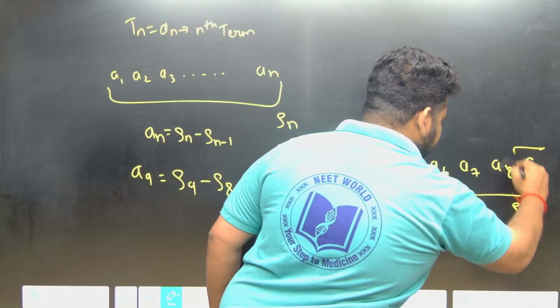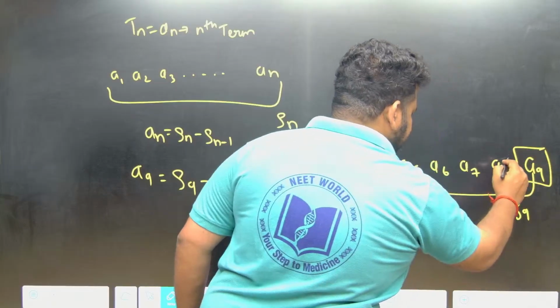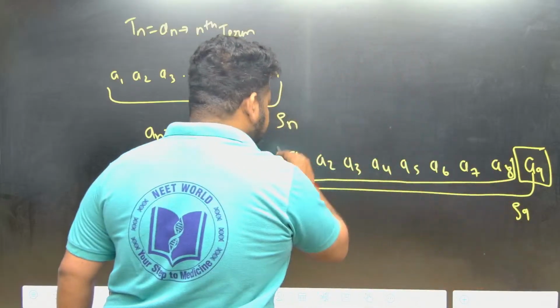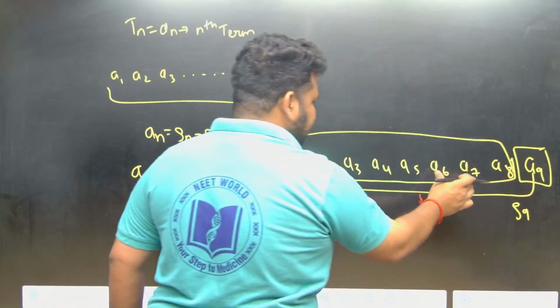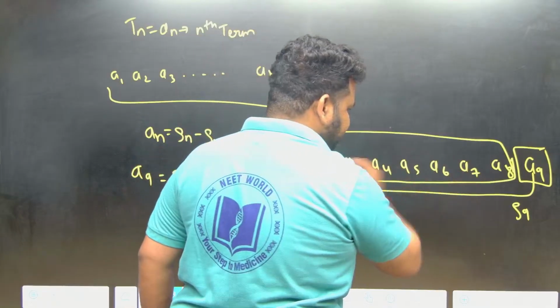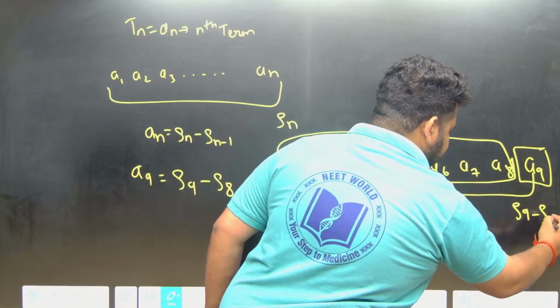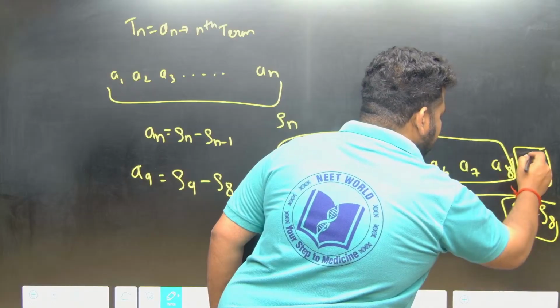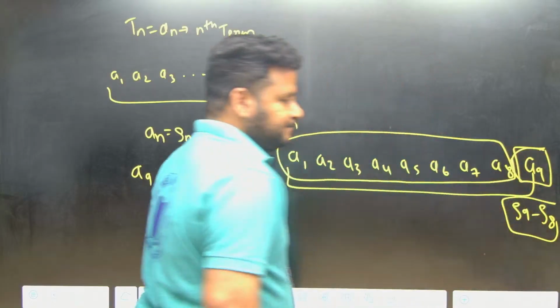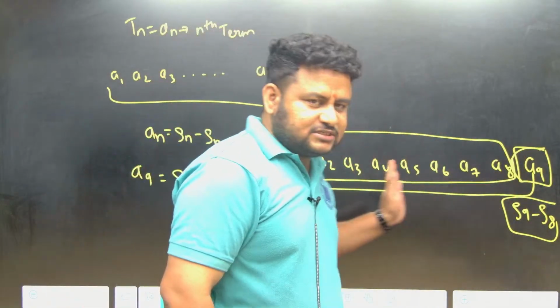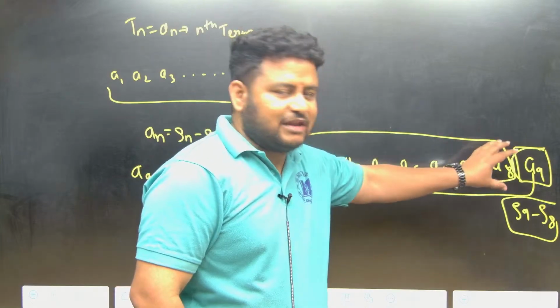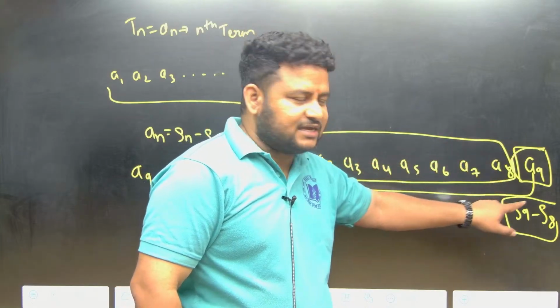If I want only the value of A9, I have to remove the rest, so I subtract S8 from S9. That gives the actual value of A9 alone. I don't want the sum, I want only the value of A9. That is what you should do: S9 minus S8.